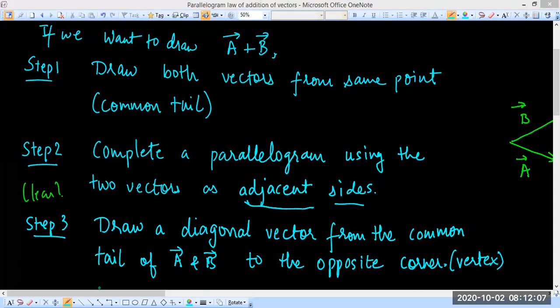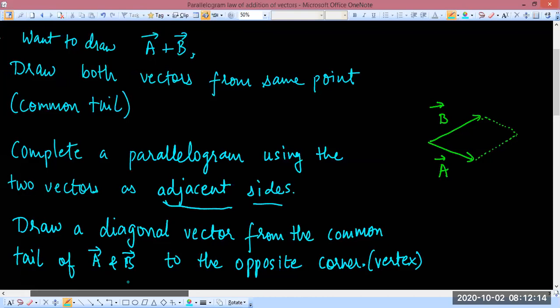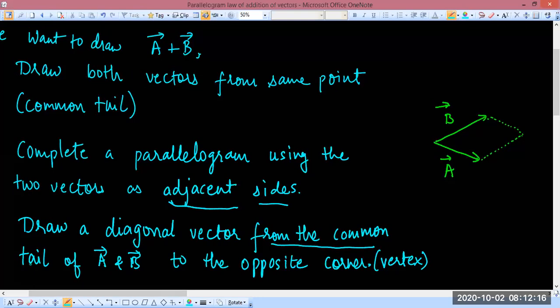So what have we got here? We draw a diagonal vector from the common tail. So we take the common tail of A and B. From there, we draw a vector to the opposite corner. So from the common tail to the opposite corner.